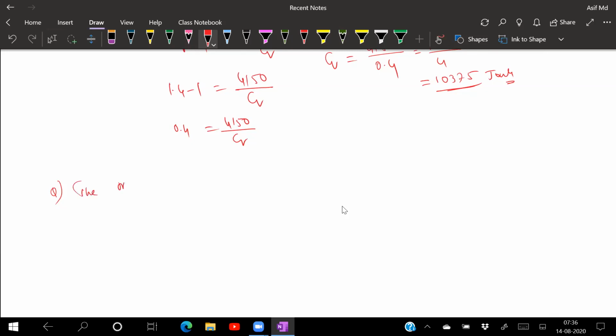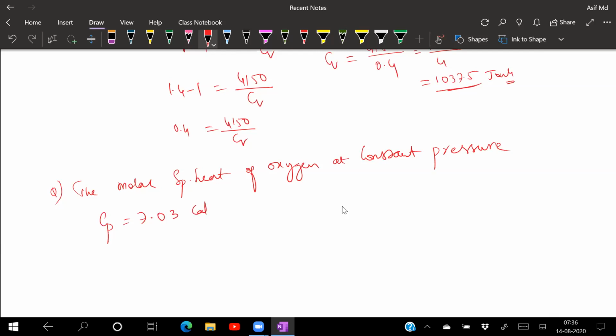The question is: the molar specific heat for oxygen at constant pressure, that means Cp, is 7.03 calorie mole inverse degree centigrade inverse, and R is equal to 8.31 joule per mole degree centigrade.